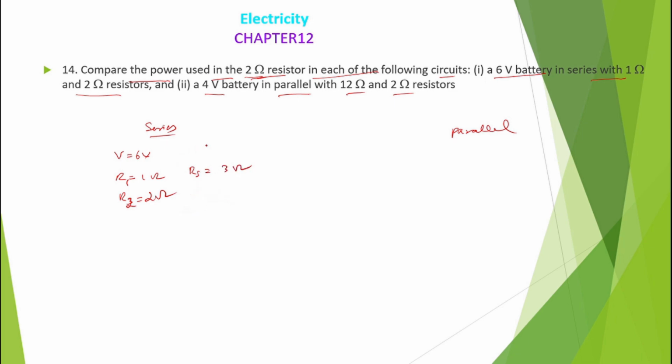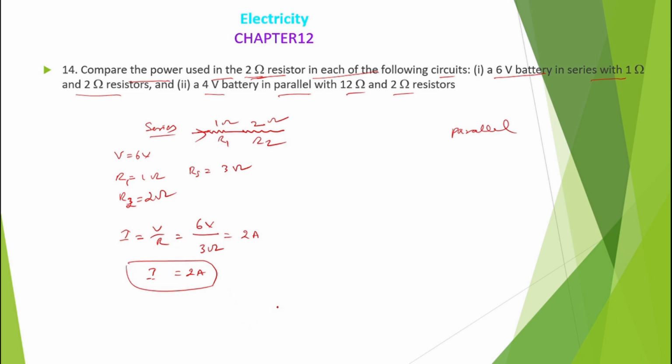He has two resistors in series, R1 and R2, so the current flowing is the same. Then we have to calculate I is equal to V by R, so 6 volt divided by 3 ohm is equal to 2 amp. So I is equal to 2 amp.